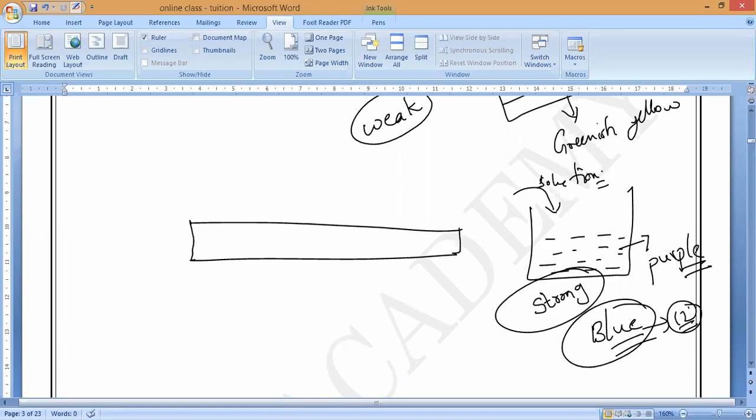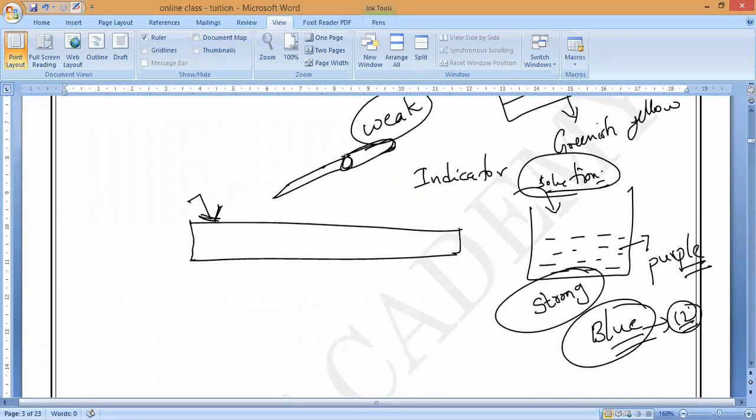Now, I don't have any universal indicator solution. I have a universal indicator paper strip. With the help of a dropper, if I add one or two drops of acid, suppose let me imagine I added the acid here.